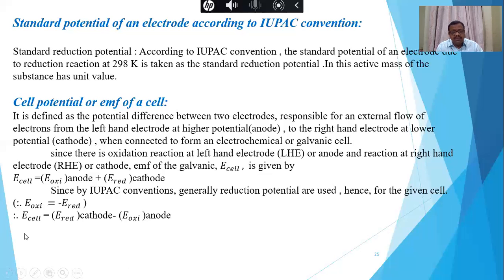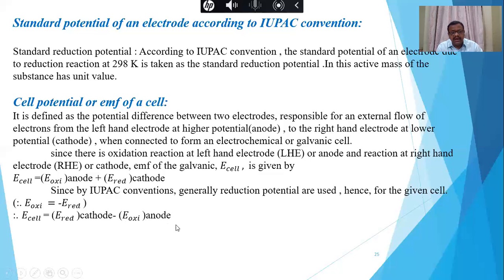Therefore, the EMF of a cell, or cell potential, is equal to E reduction cathode minus E oxidation anode.